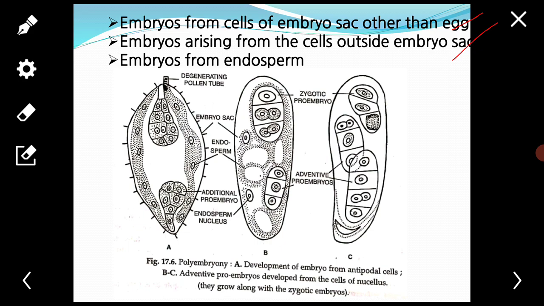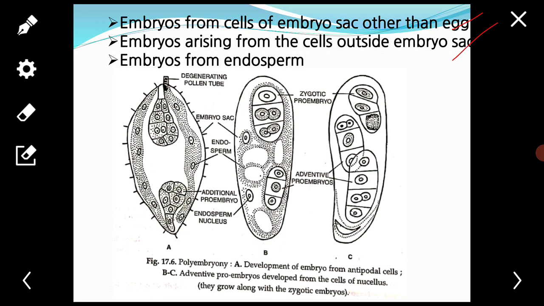Next, that is the embryos arising from the cells outside the embryo sac. The cells of the nucellus and integuments have also been noticed to develop into embryos. Examples are Citrus and Mangifera. In Spiranthes, additional embryos have been reported to be developing from inner cells of the inner layer of integument.